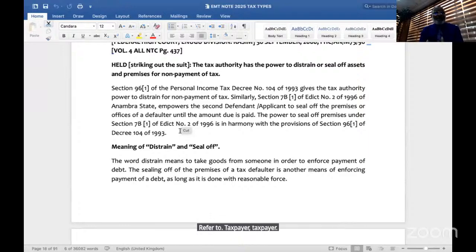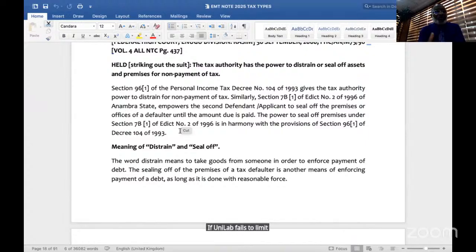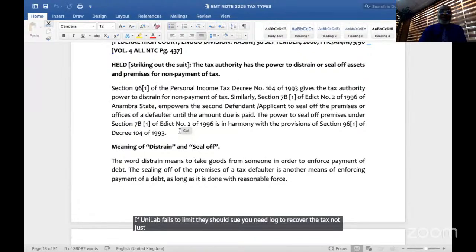And a corporate employer is not a taxpayer under PITA. The taxpayer is the individual. My position in my writing is that if Unilag fails to remit, they should sue Unilag to recover the tax, not just come to Unilag and lock our gate.